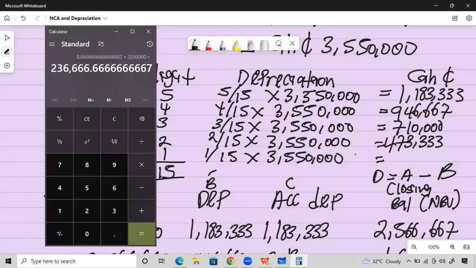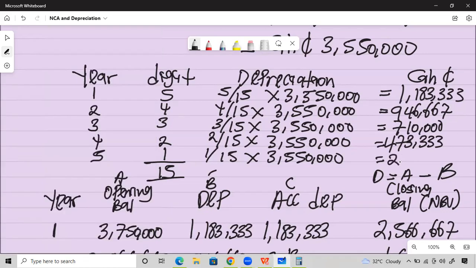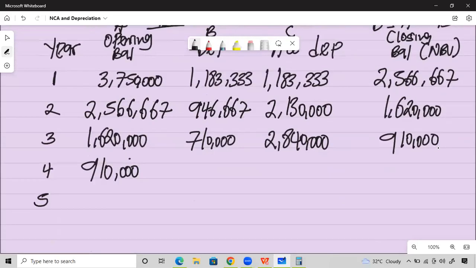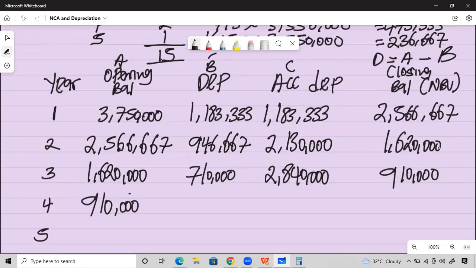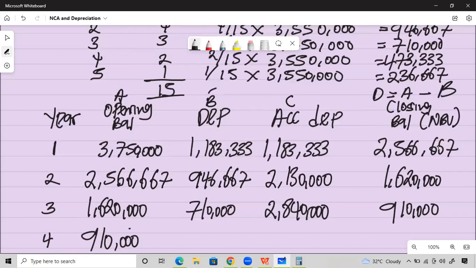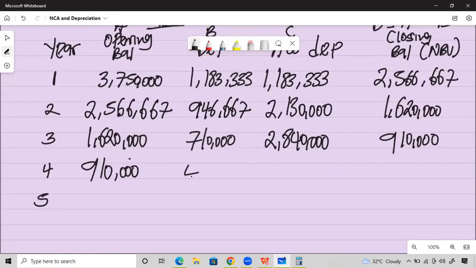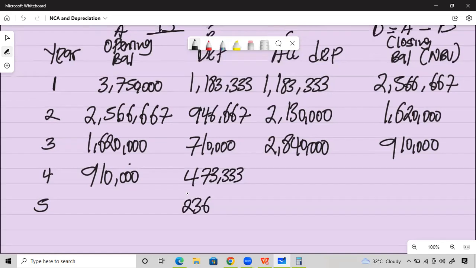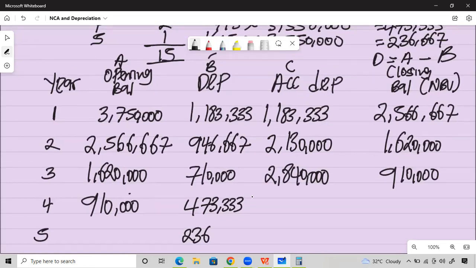So this one is 236,667. So this is the depreciation. So just copy everything down. 473,333. And this one is 236,667.